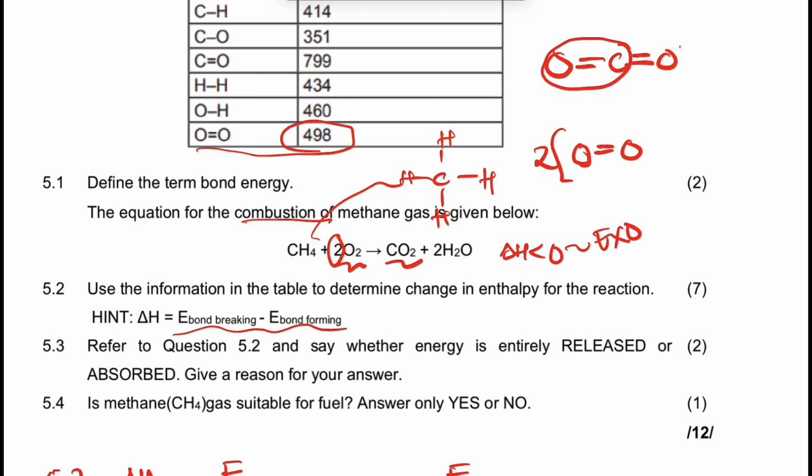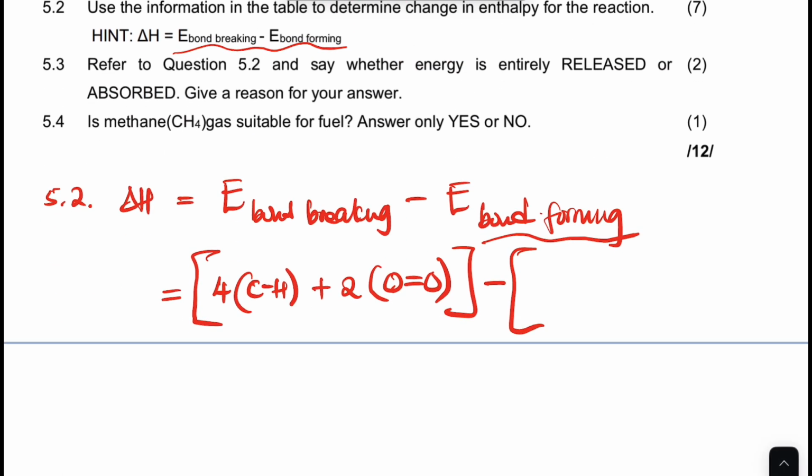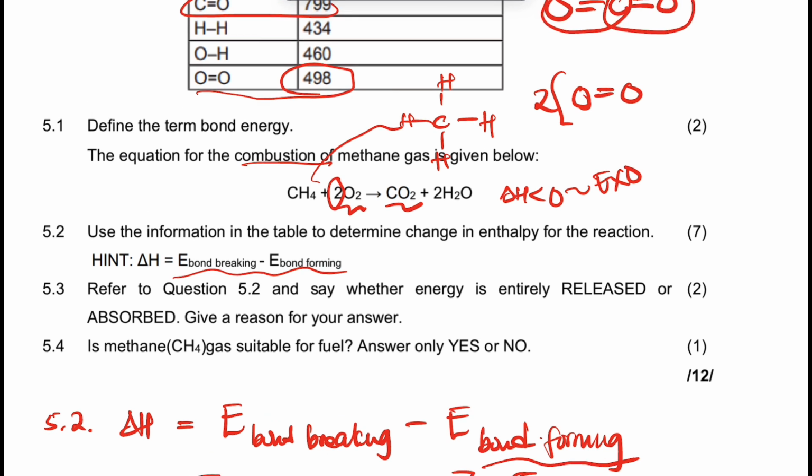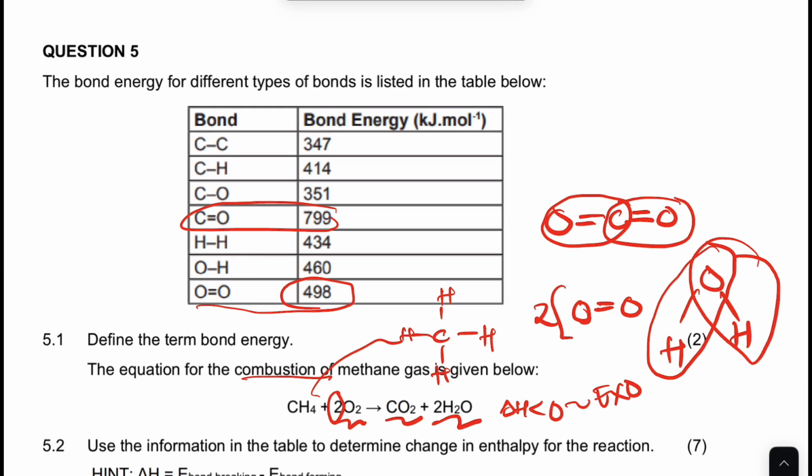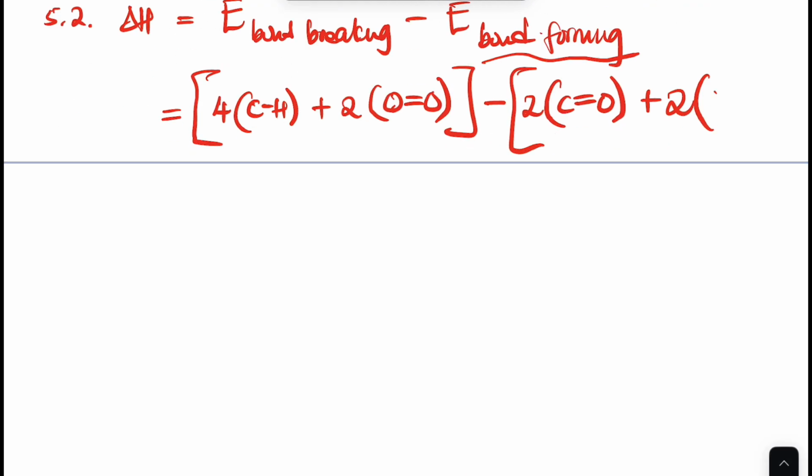There are 2 CO bonds, plus we go to the water, which has 2 OH bonds. That's a very easy one.